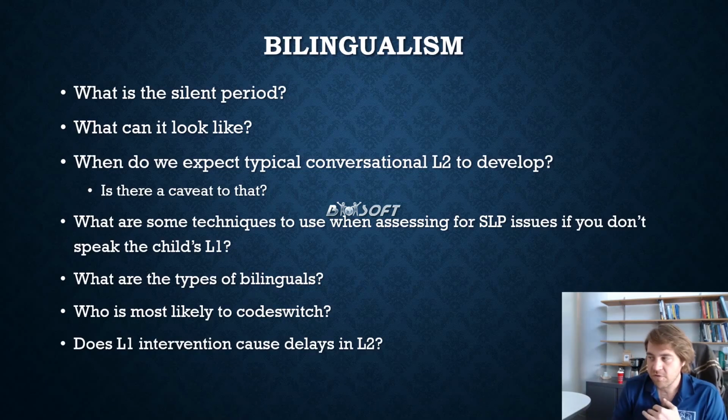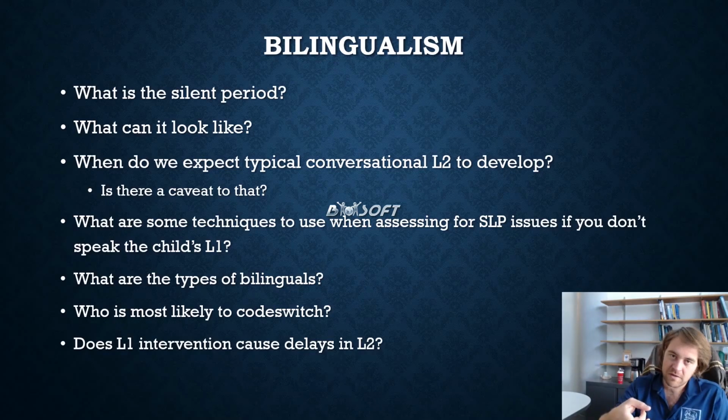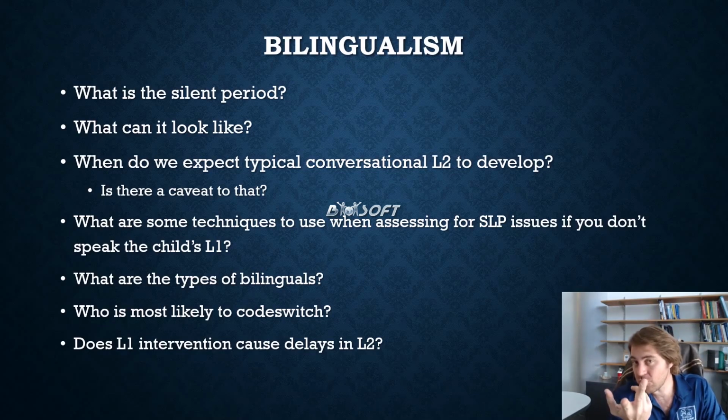So the types of bilinguals, there's a couple different ones. You've got sequential. I want to talk about simultaneous first. You've got simultaneous bilinguals who are learning 2 languages at once, right? So somebody who, let's say the home speaks both English and Spanish. They might learn both at the same time. And then you've got sequential bilinguals, but that's broken into 2 different parts.